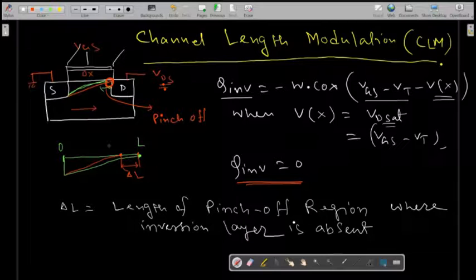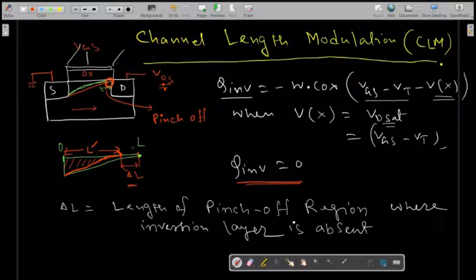Previously our channel length was 0 to L, but now see the effective channel length, if I give it the name L dash, it is from this to this point. Because now the channel has shifted, and this part, delta L, the pinch off, is full of depletion charges. Due to the higher value of VDS, the channel is now up to this point.